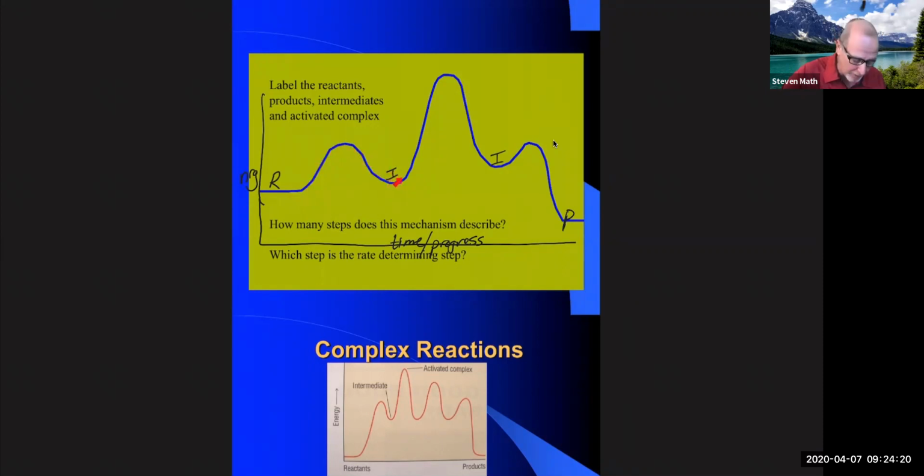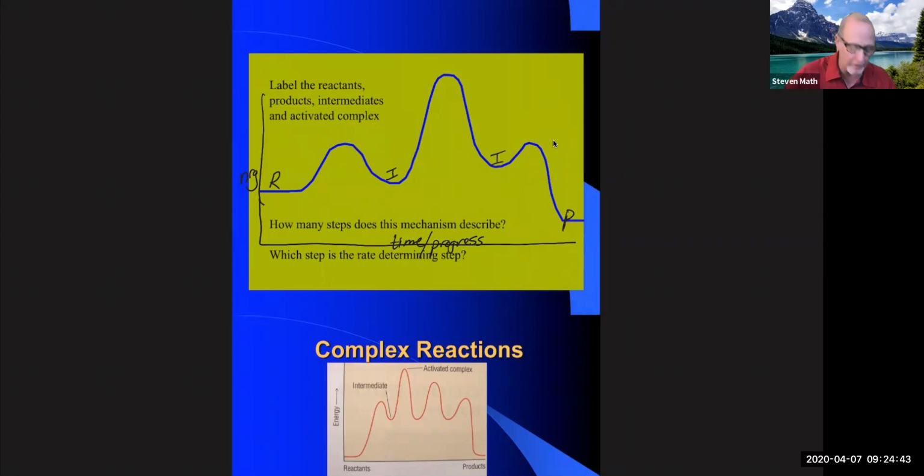That intermediate went through a second reaction and formed a different intermediate. That intermediate went through a third reaction and eventually formed a product. Okay? So reactants form intermediates. Intermediates end up forming the products. Intermediates live in the valleys.